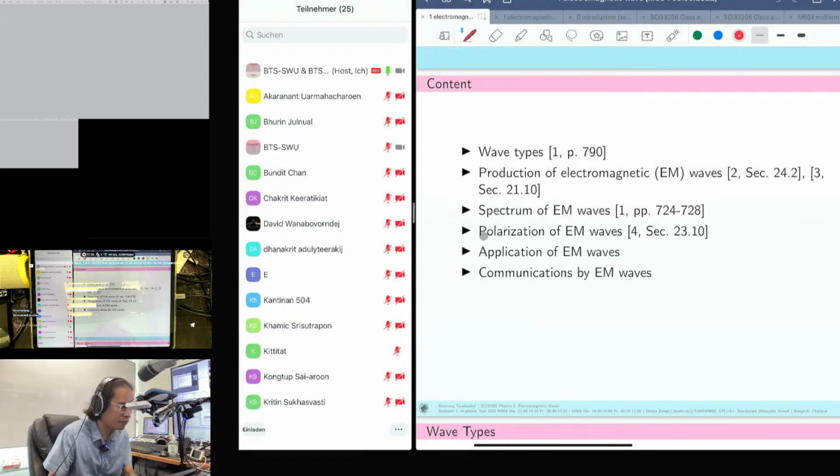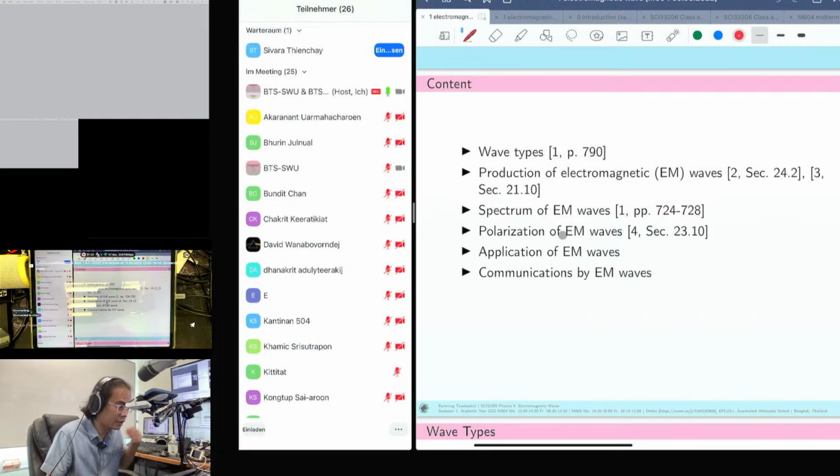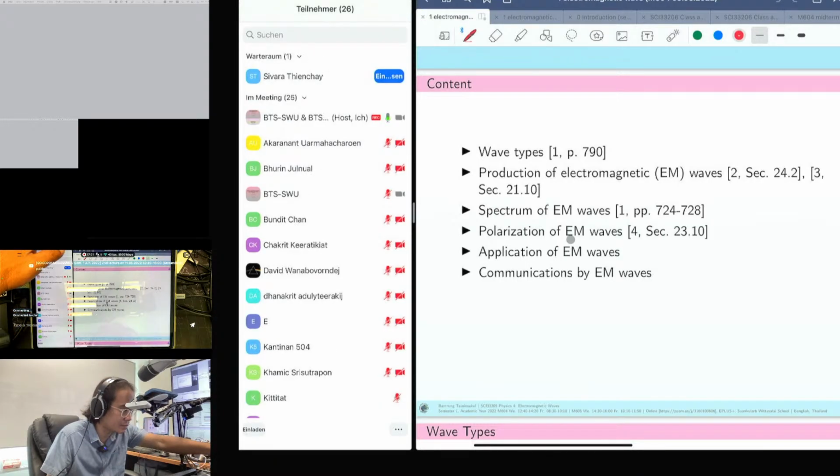We will go into deeper detail, and we will have some calculations about how the EM wave propagates in nature. Here you would have some example problems to practice calculating how the wave propagates through different mediums.